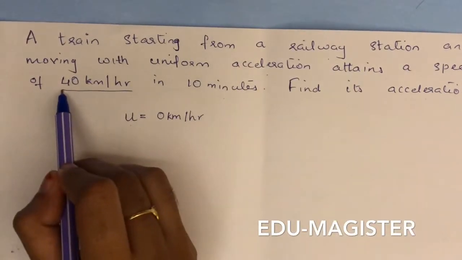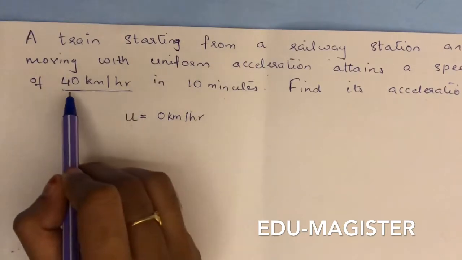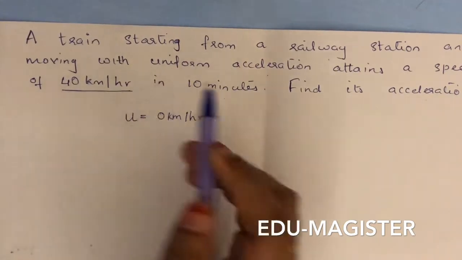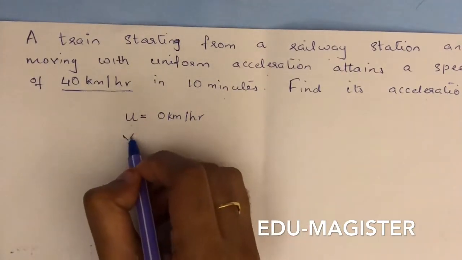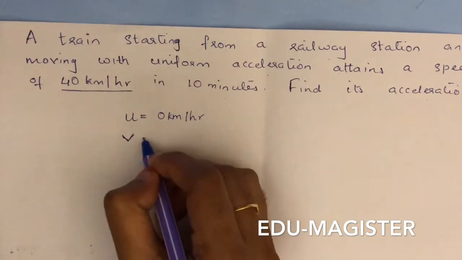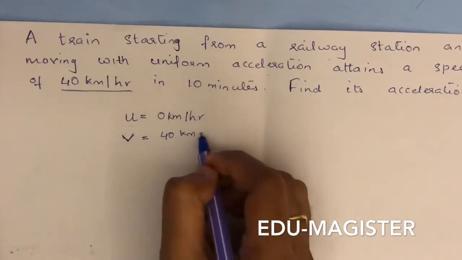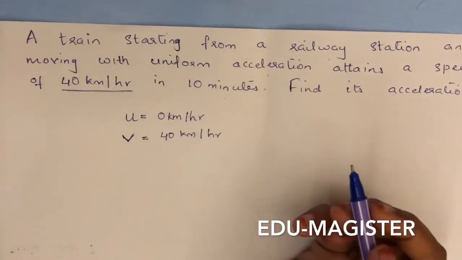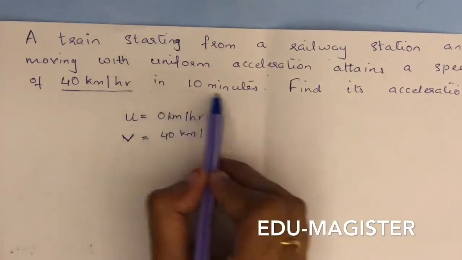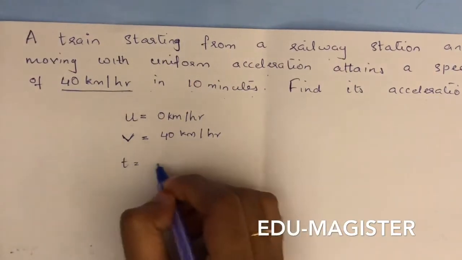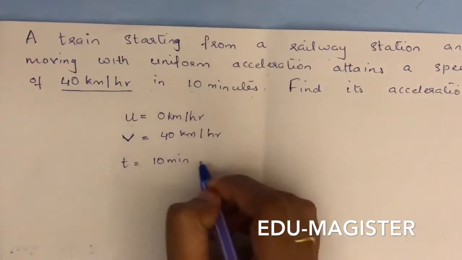So we can take this speed as the final speed of the train, v is equal to 40 kilometers per hour. And then the time is given as 10 minutes. T is equal to 10 minutes.